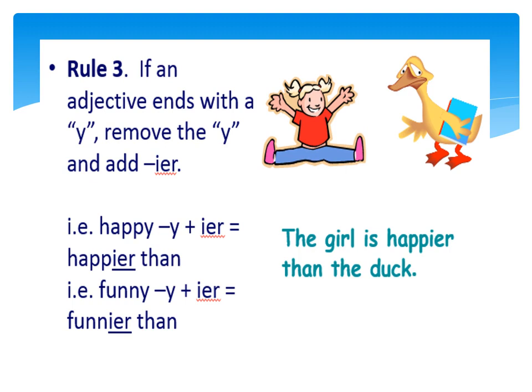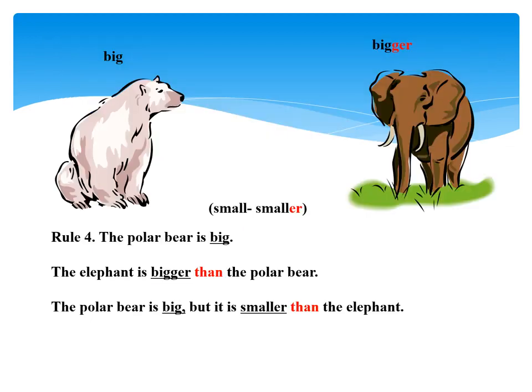So we have an example here: the girl is happier than the duck. This is a similar rule. It is repeated, and we have another example with the same words as before, bigger and smaller. Double the last consonant.